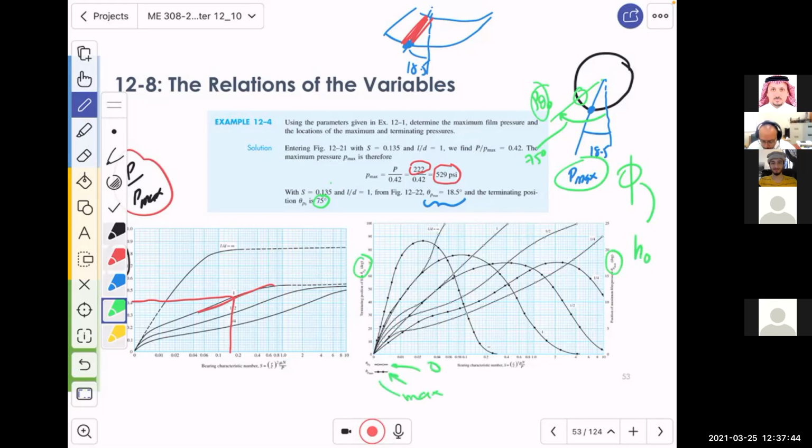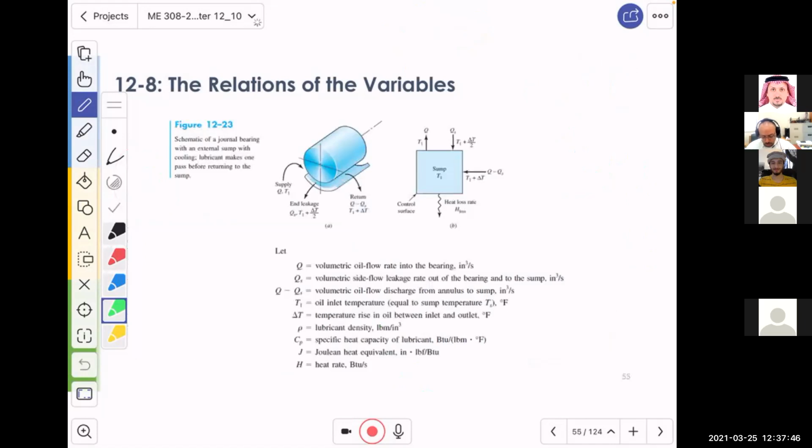Okay? Now, what is important is that while we are speaking here about the fluid, I mean, the lubricant, we should understand that this is a system. Yeah, this is a whole system. And we spoke about this in the beginning.